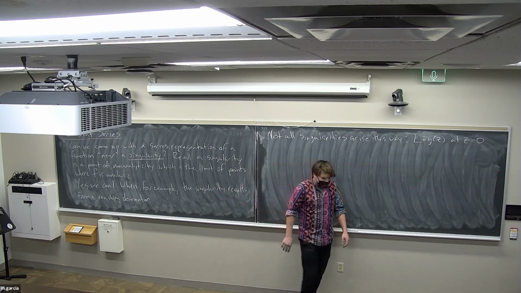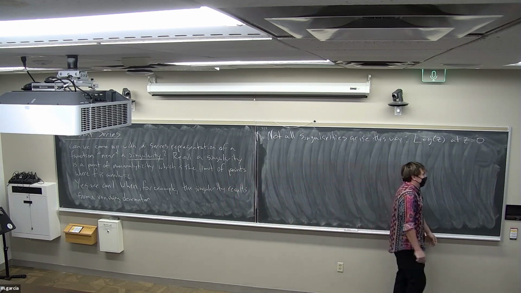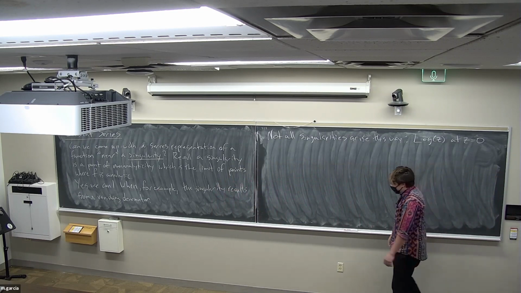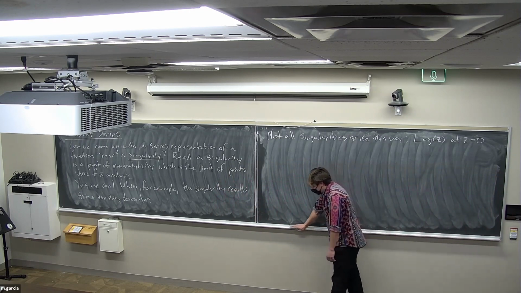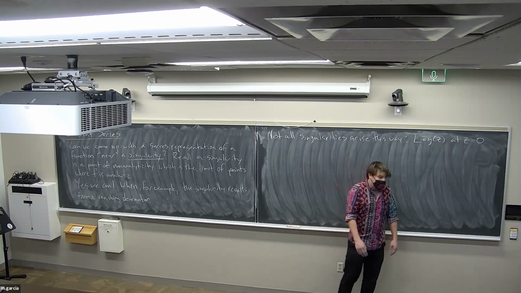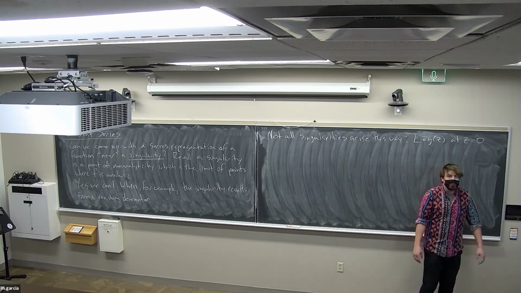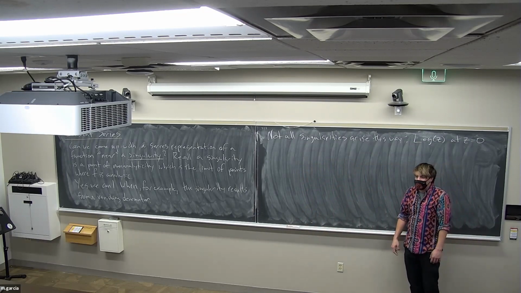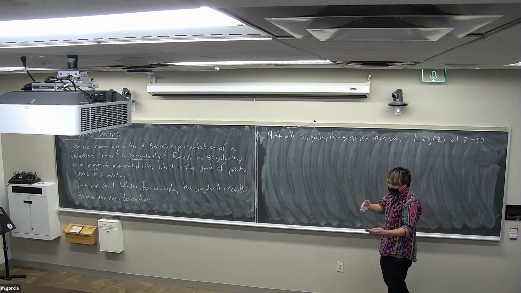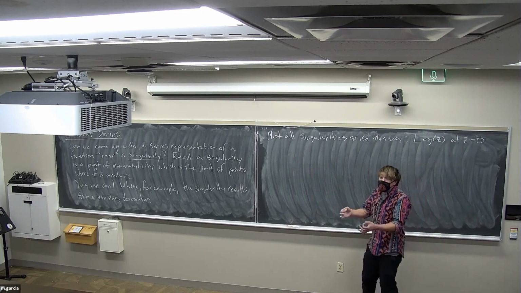So there's a subtlety in classifying singularities, right? There are many subtleties. One of the subtleties is how many values a limit that goes toward a singular point can assume.